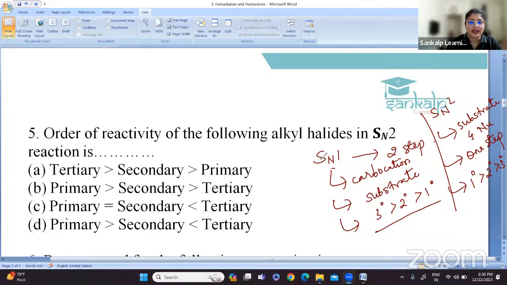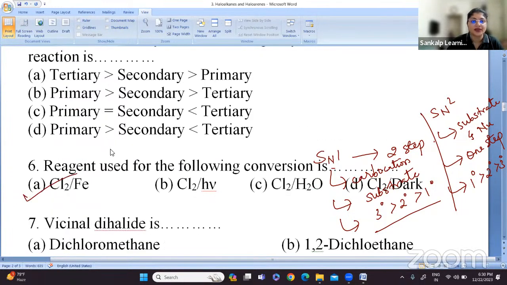So which is our correct answer? It is B. Yes, the answers are right. Good. So primary is more stable, then secondary and then tertiary.